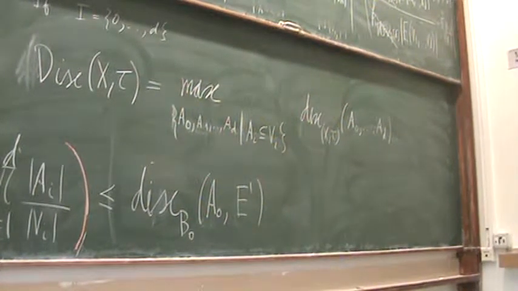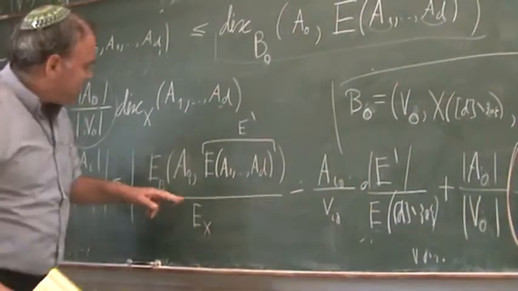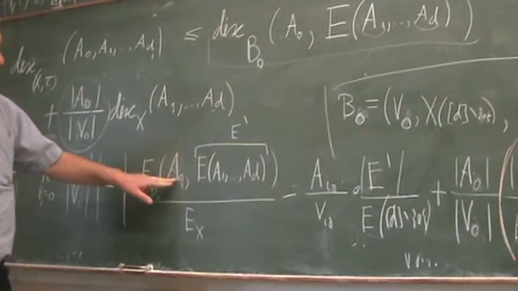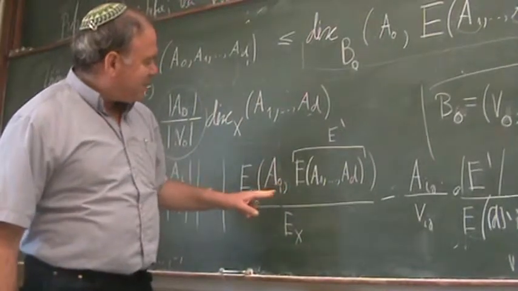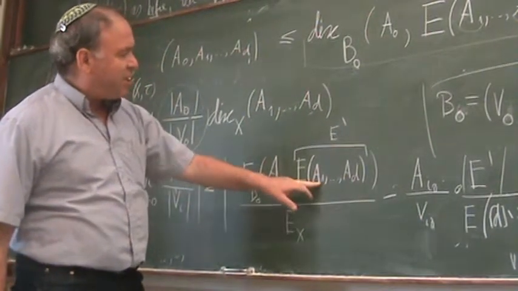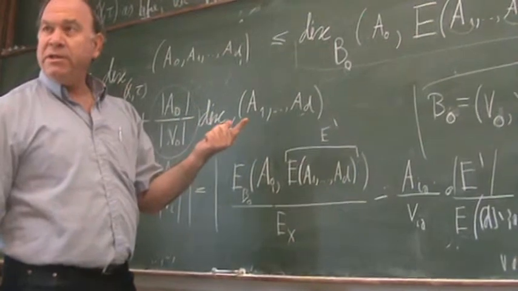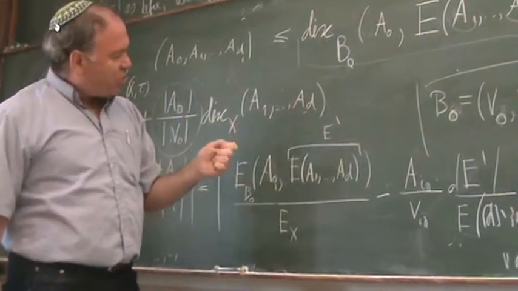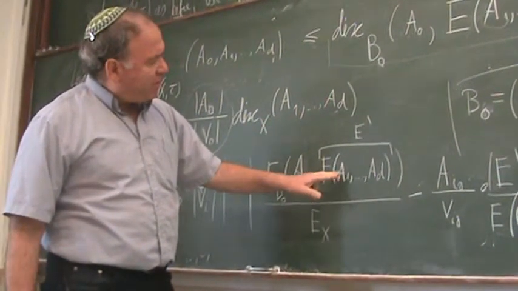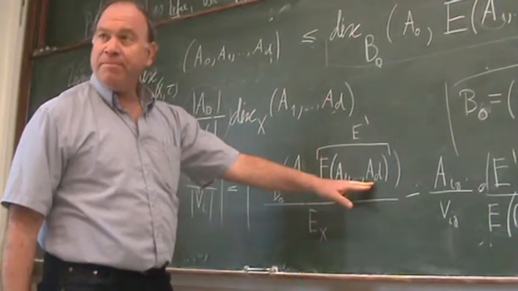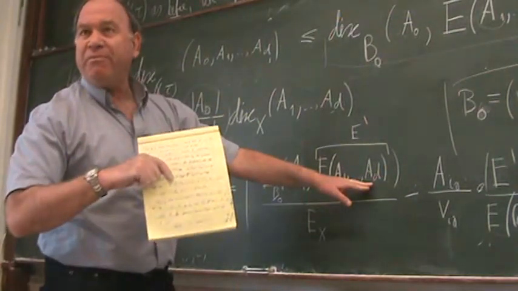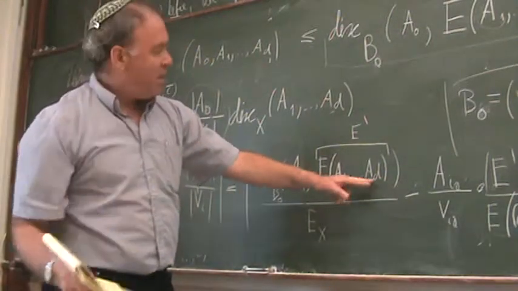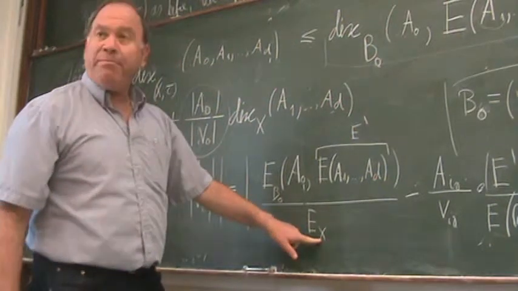Because this is exactly what is written here. Think about this term and this term only. Then on one side you have A0, on the other side you have the set of all the walls lying on the sets A1 up to AD. This is a set of vertices in the bipartite graph B0 on the right hand side. And I have to divide it by the total number of edges.